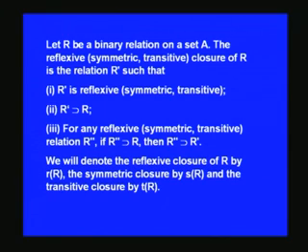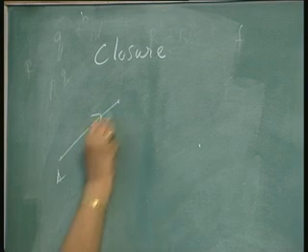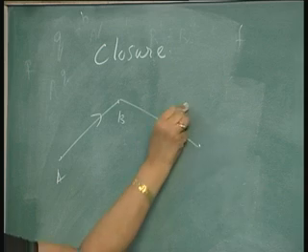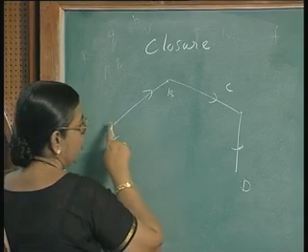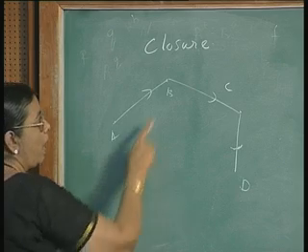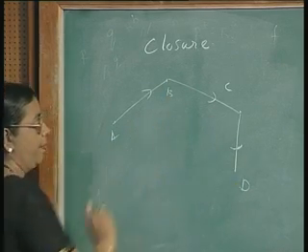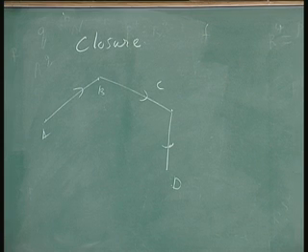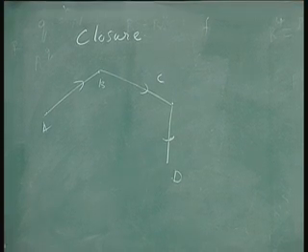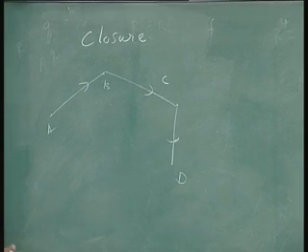For example, you may have a communication network in which there is a direct link between A and B, a direct link between B and C, and a direct link between C and D, but there is no direct link between A and D, or B and D, or A and C. Now, I want to find out from which nodes I can direct a message to which node.